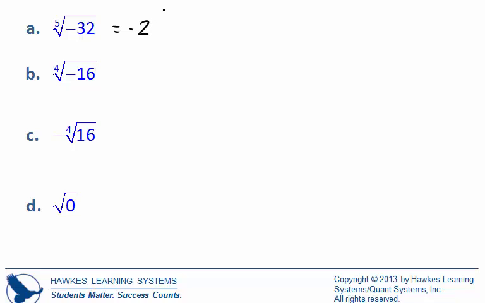What about part B? Part B is asking us to find the fourth root of negative 16. So we need a number times itself 4 times that gives us negative 16. Let's try negative 2. If we multiply it by itself 4 times, these first two multiplied together give me a positive 4.